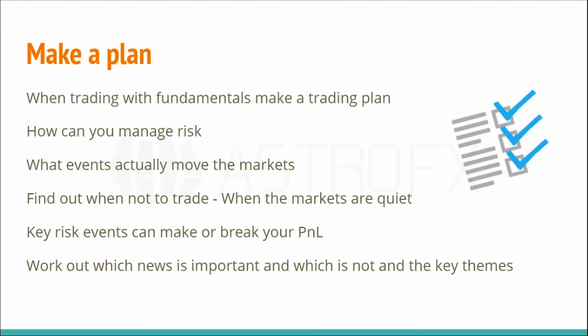Work out which news is important and which news is not important and what the key themes are. So, example again for this. Let's say for sterling, Brexit is the key theme. Everyone's discussing Brexit or the general election. Now, services PMI might be out on that day, or retail sales might be out on that day.